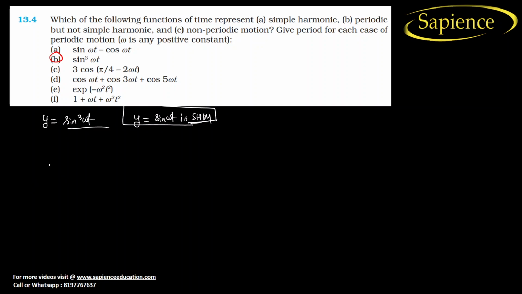If we want to split it, we know the formula: sine cube omega t is equal to 1 by 4 into 3 sine omega t minus sine 3 omega t.